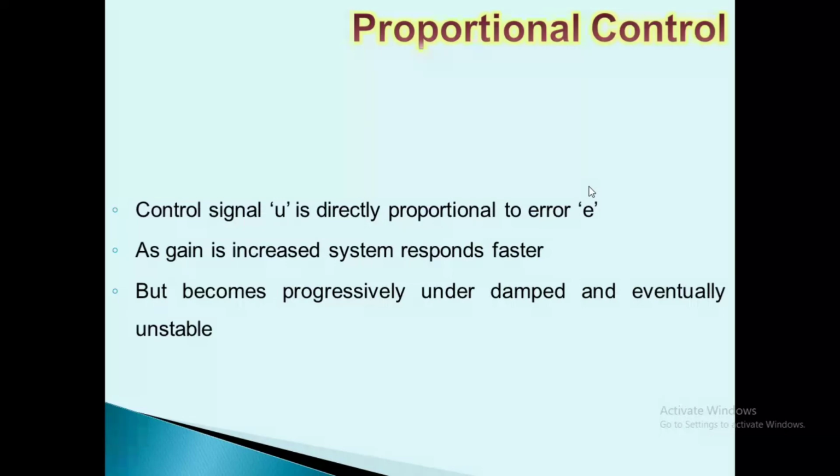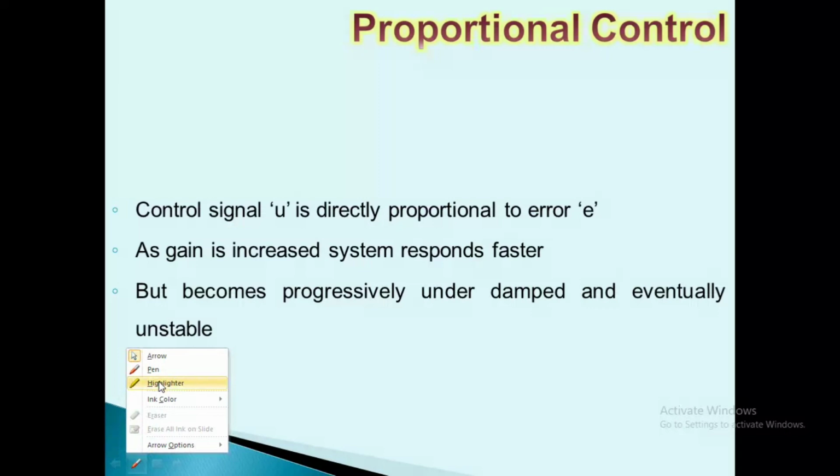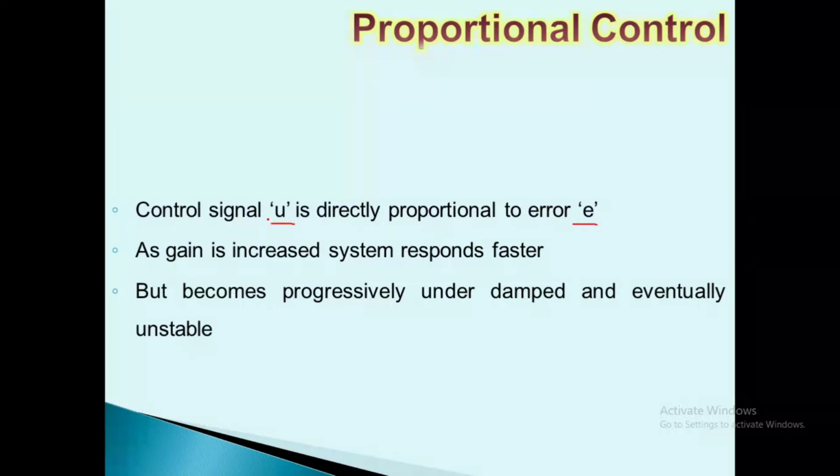Now we come back to proportional control. In proportional control, the control signal U, which is the nomenclature for the control signal, is directly proportional to error. The control signal is nothing but the signal offered by this proportional control. Error means what?